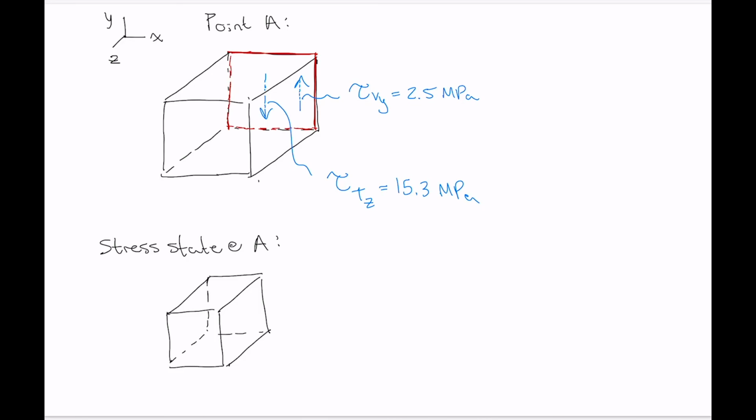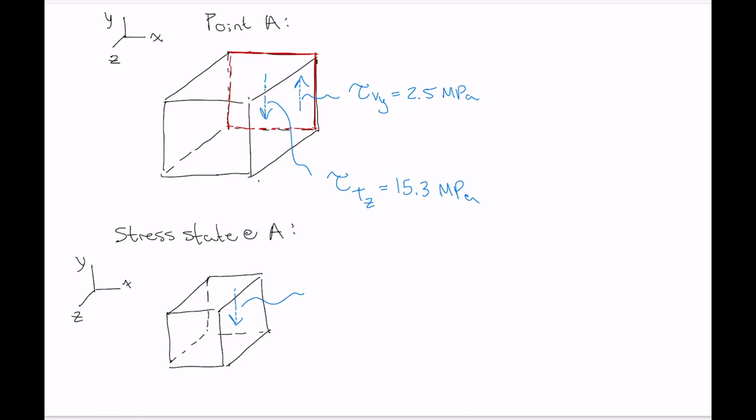Okay, let's move this up a tiny bit. Well, let's put our axes in. So we've got X, Y, Z. And what we're going to do is take those 2 stresses and combine them, and we can see that the overall direction of the combined stresses is going to be in the orientation of tau Tz, so downward, right? So there we go.